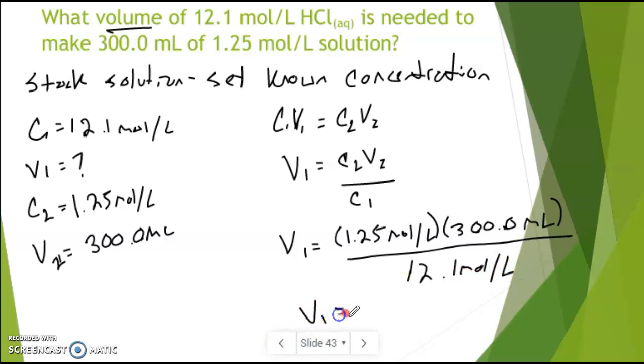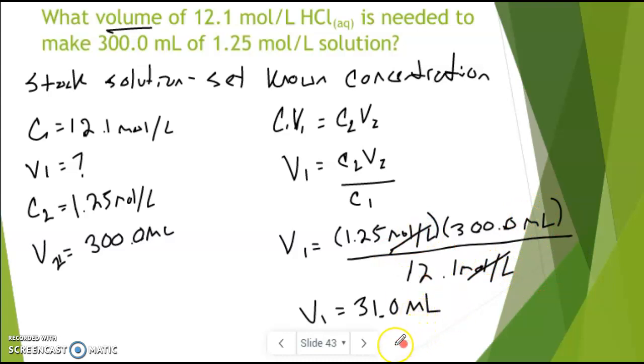That's going to give us V1, or how much initial stock solution we need, of 31.0 milliliters. Notice I carried my units down, so this one cancels out this one, and I'm left with milliliters.